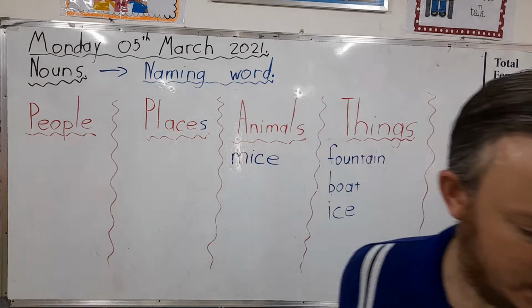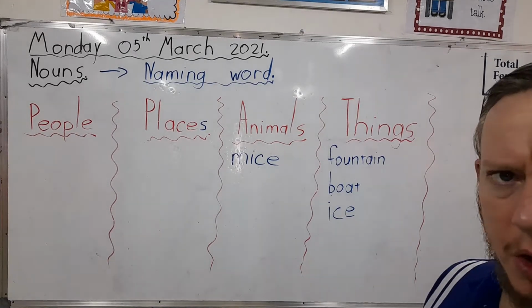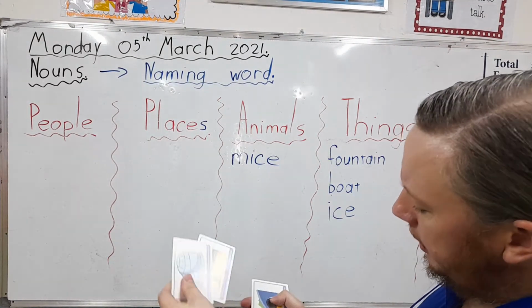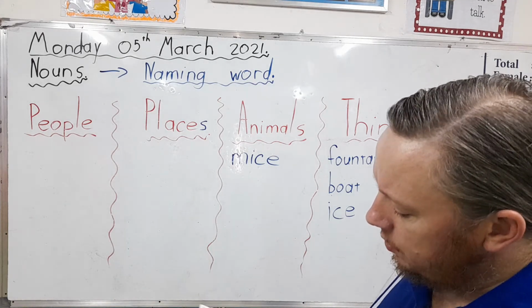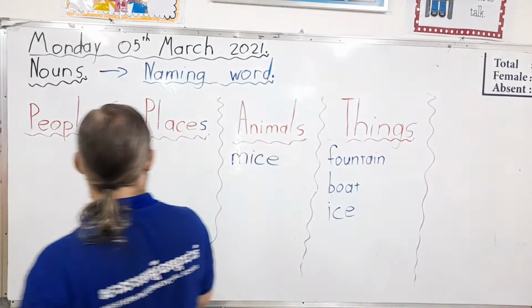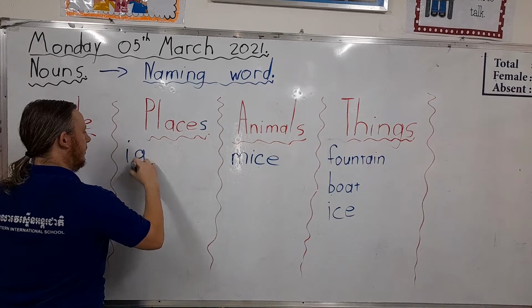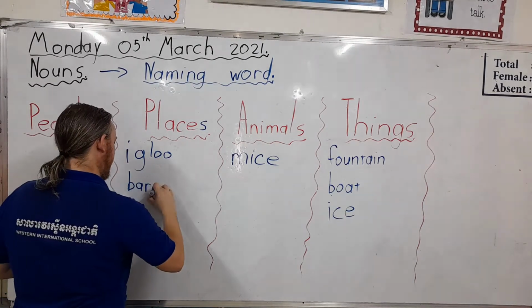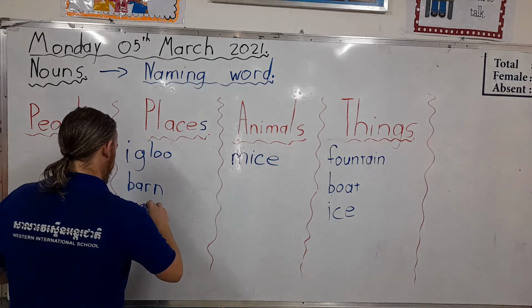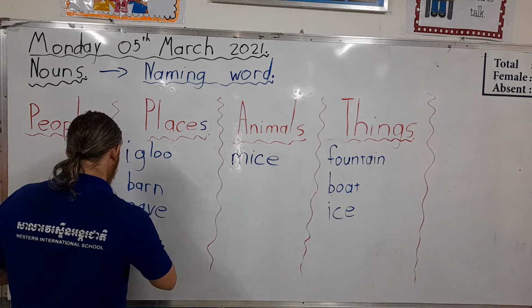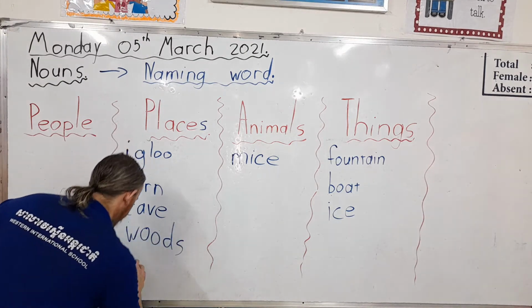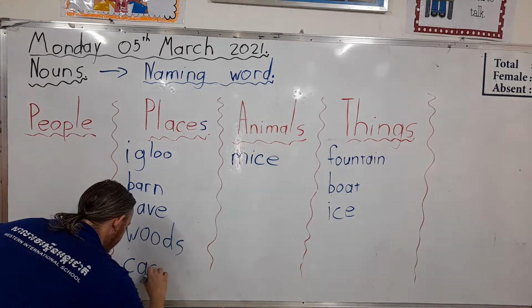Let's look at the last ones. I'm not going to write them all. We had igloo, barn, cave, woods, and one more, let's put castle.